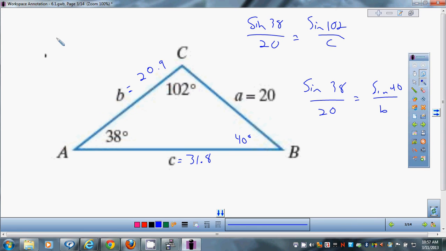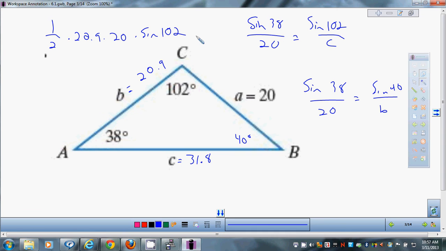So we're going to use its angle, sine 102. That's the whole thing about the formula. You pick any 2 sides and the angle between them, essentially. The SAS thing, back from geometry. You take any 2 sides and the angle between them, and that's how you use the formula. You would get the same answer no matter which 2 sides and angle you pick. That's the beauty of this formula.